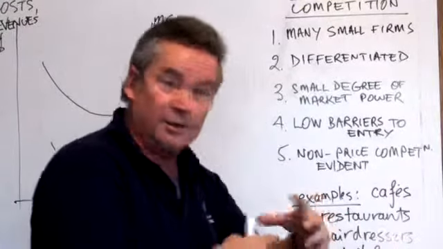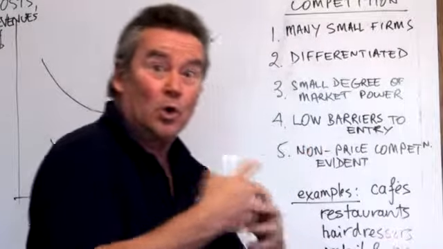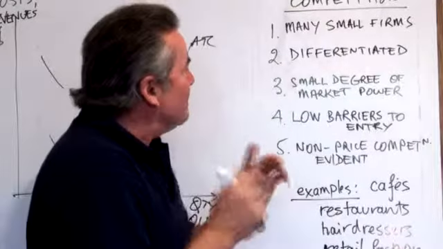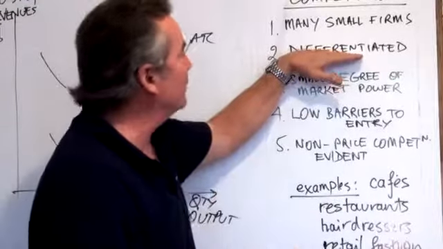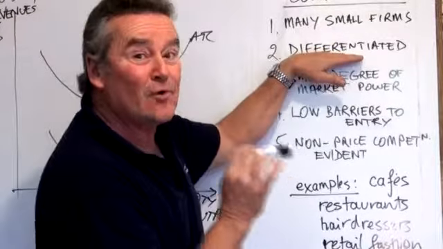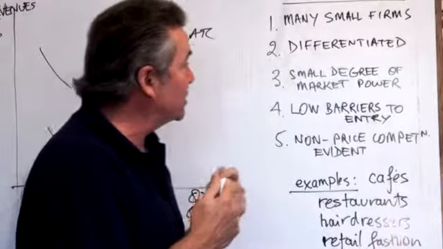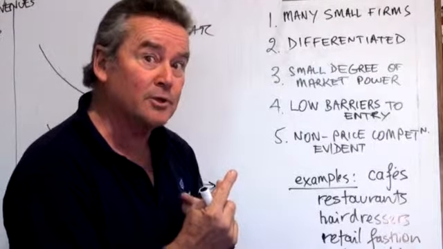Yes, advertising, promotion, packaging, location, service, colour, decor, gimmicks, etc. They're trying to make us believe that what is essentially a homogeneous product is actually somehow different. So the differentiation here, as far as we're concerned, tells us that the products are close but not perfect substitutes.